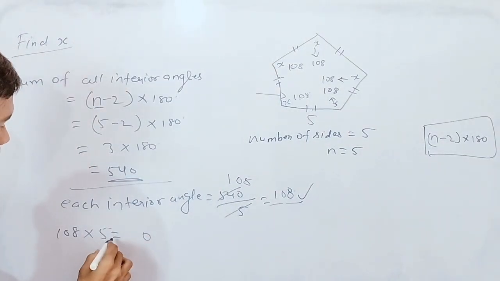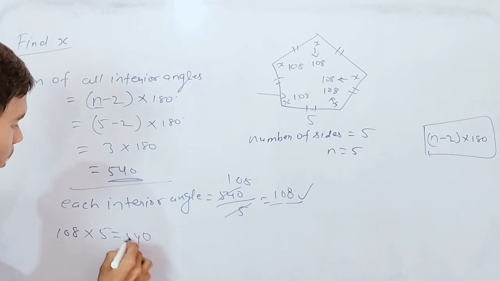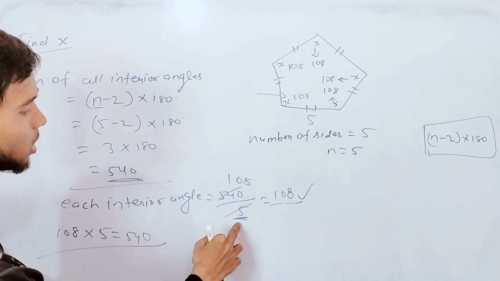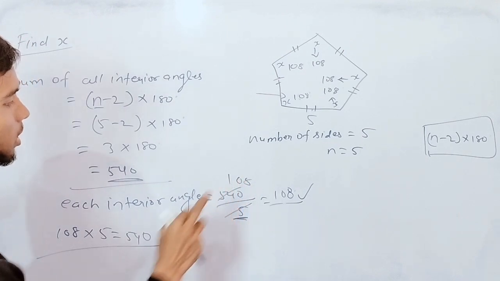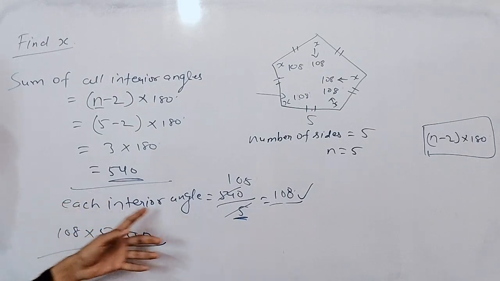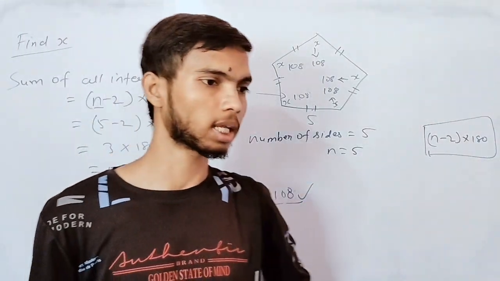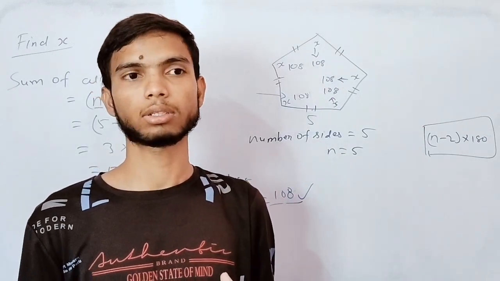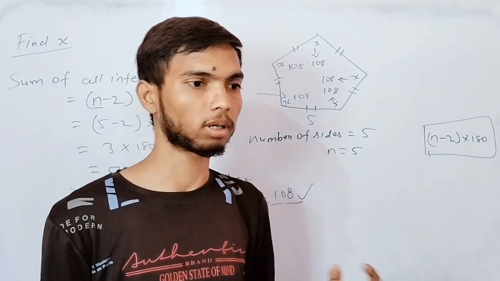Yes, so we are cutting this by this number. So 108 is the value of x. To find each interior angle, we divide the sum of all interior angles by the number of sides.